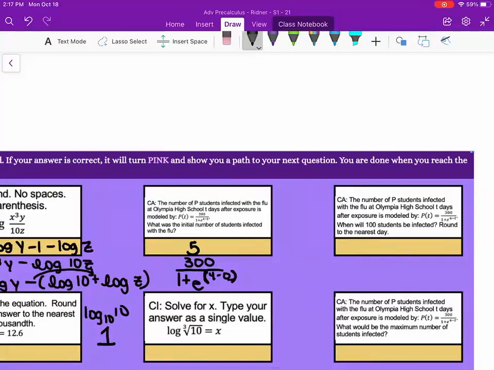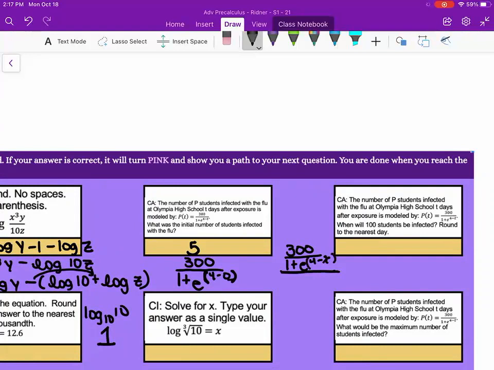All right, for the next one, it says, when will 100 students be infected? So in Desmos, I have many lines that I can type. In the first line, I'm going to type that function. Again, I use X. That's all raised to the power.